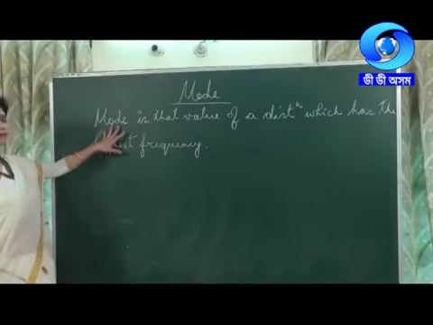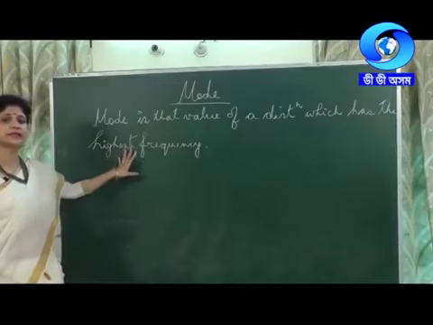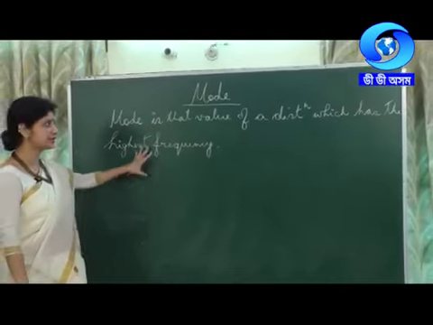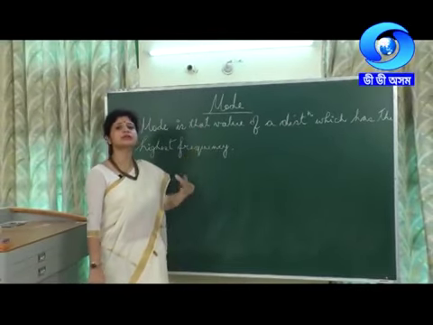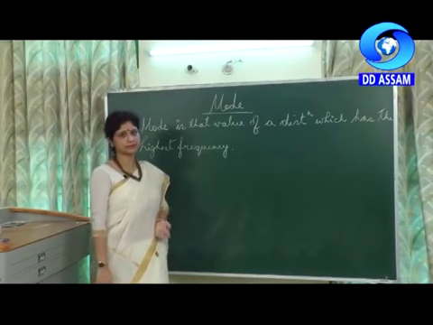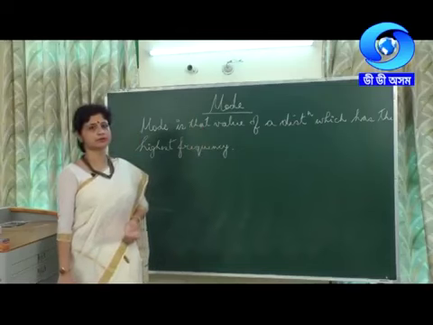All right. So we define mode as that value of a distribution which has the highest frequency, that is, that particular value of a distribution which occurs the maximum number of times is known as the mode of that particular distribution.